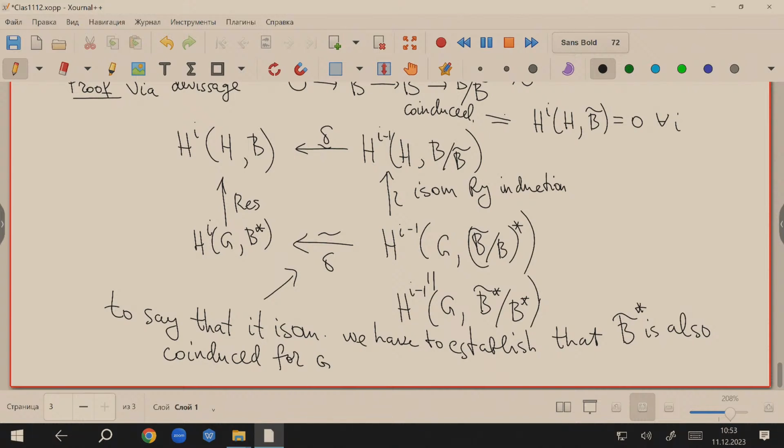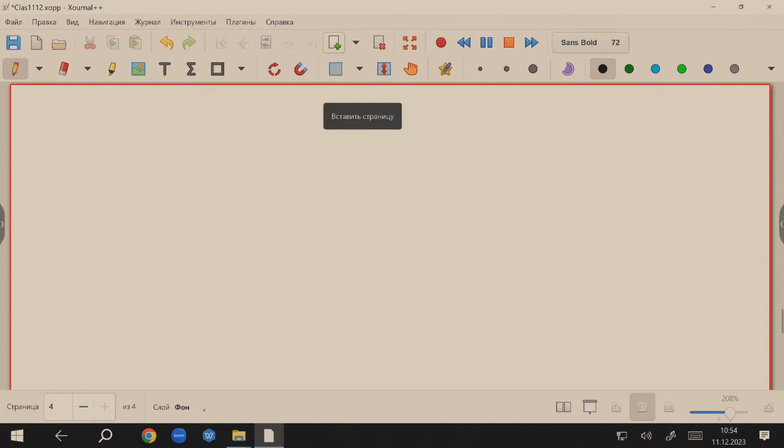So you have on the right and on the left hand side cohomologies of this B tilde star. But if it wasn't co-induced, it wouldn't be clear that this cohomology vanishes. But this is true. This is an easy direct calculation.